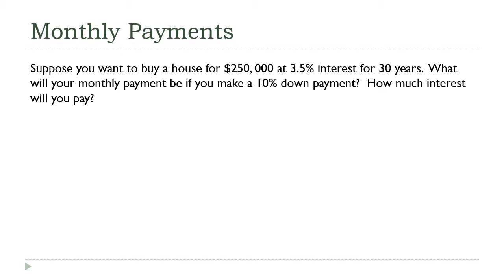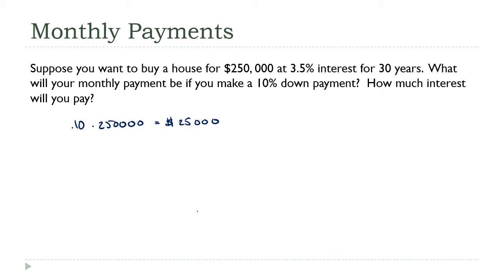A 10% down payment means you have to have 10% in your bank account. So let's figure out what that is. 10% of $250,000 is $25,000.